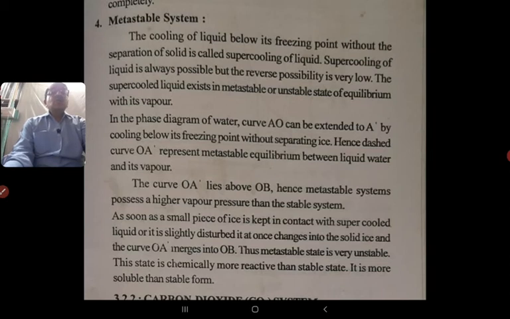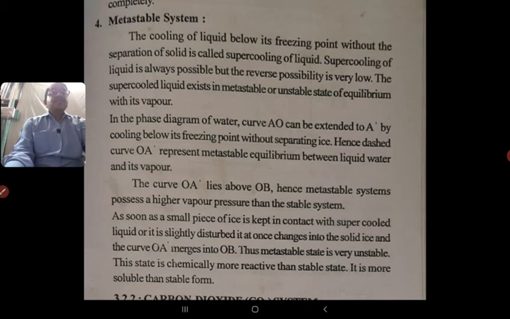The curve OA dash lies above OB. Hence, metastable systems possess a higher vapor pressure than the stable system. As soon as a small piece of ice is kept in contact with the supercooled liquid, or it is slightly disturbed, it at once changes into solid ice and the curve OA dash merges into OB.